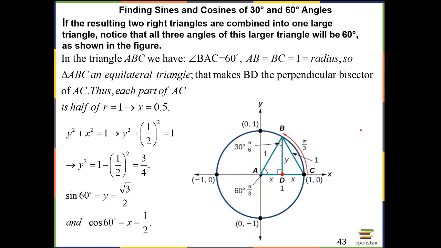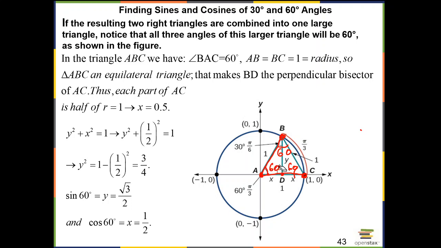This side right here is the radius, so it's equal to that side, obviously. If that's the case, then these two angles have to be the same, right? But we know this one is 60. If this is 60, then the other one has to be 60, right?